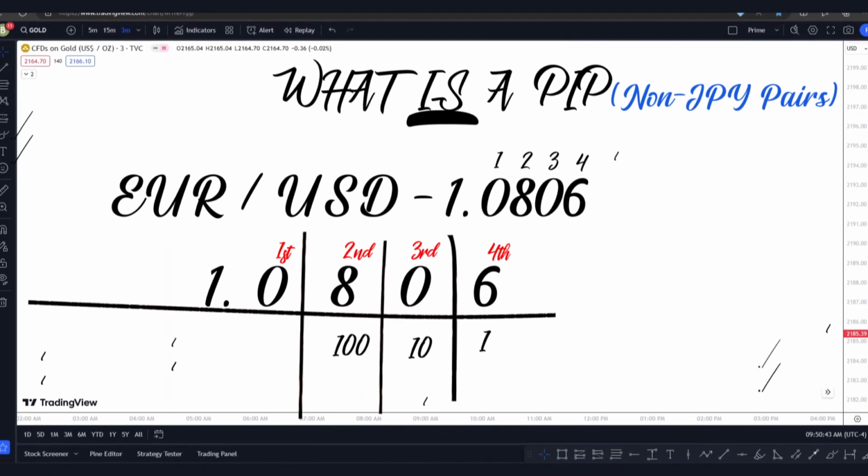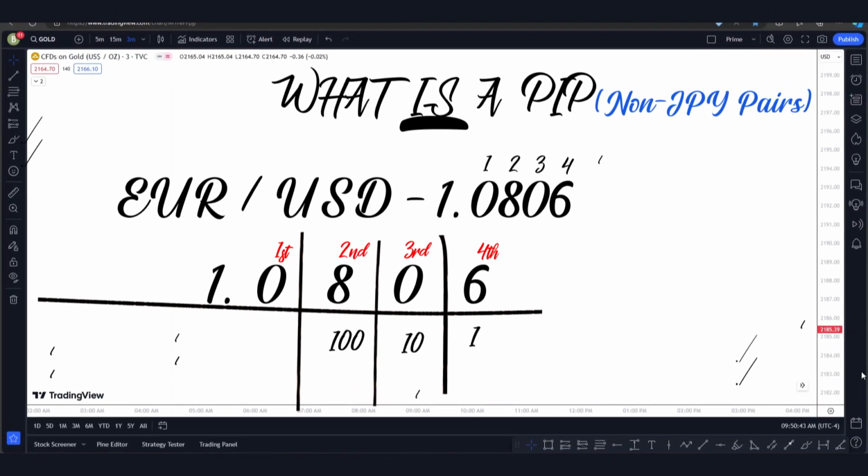When we look at this table, we realize that the movement happened in the ones column. That means that anytime this moves, it is equivalent to one pip. When the change happens on the tens column, it's equivalent to 10 pips. And when the change happens on the hundreds column, it's equivalent to 100 pips. I hope that I'm making sense here.